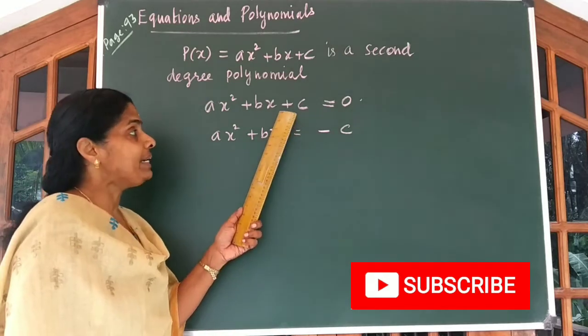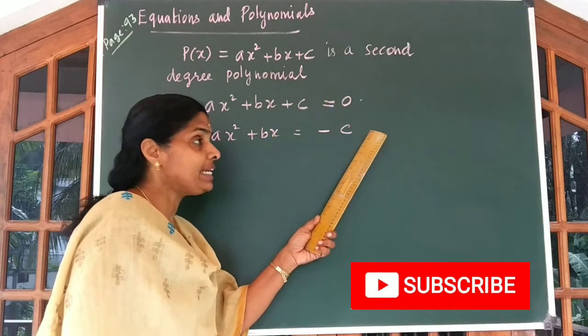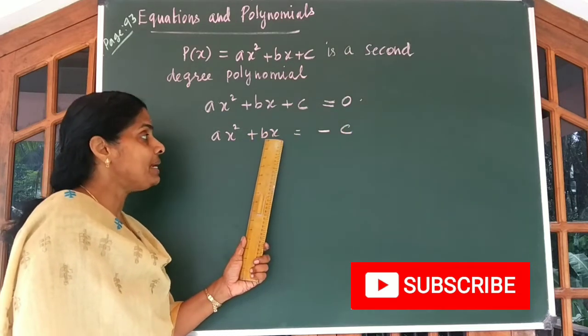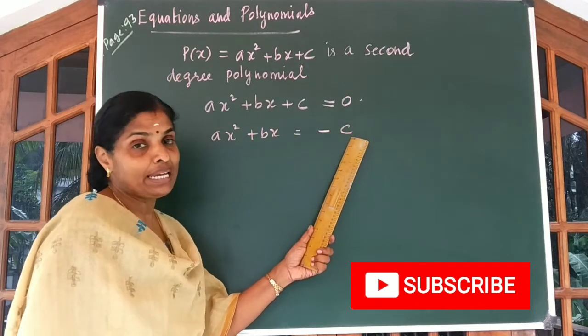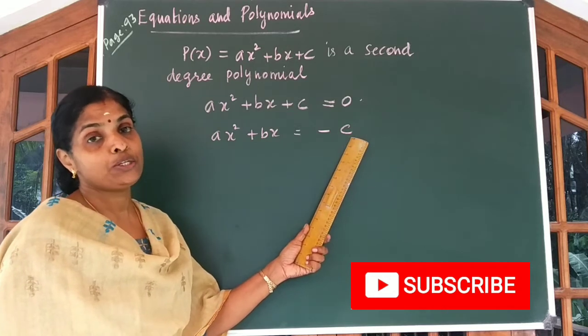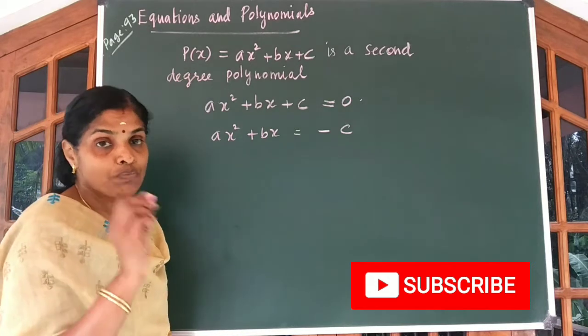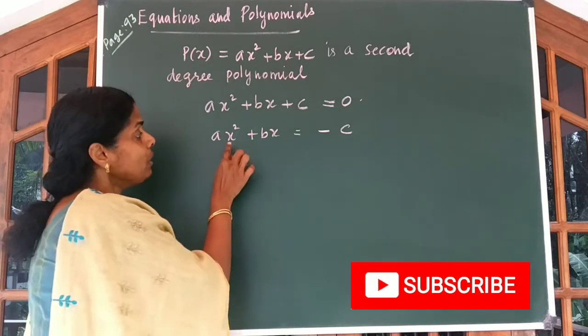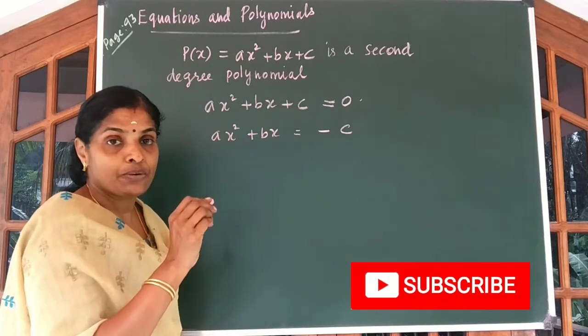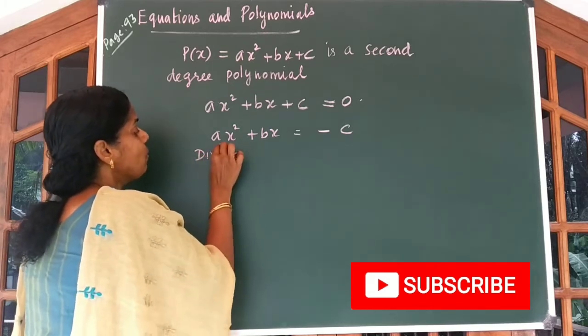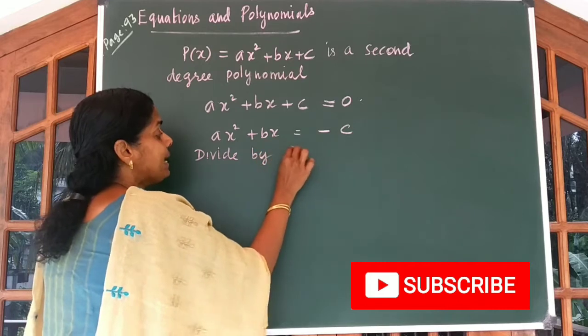That is, by taking plus c to the other side of the equation, we got ax square plus bx is equal to minus c. Now we are going to make the coefficient of x square as 1. To make the coefficient of x square as 1, we are going to divide the whole equation by a.